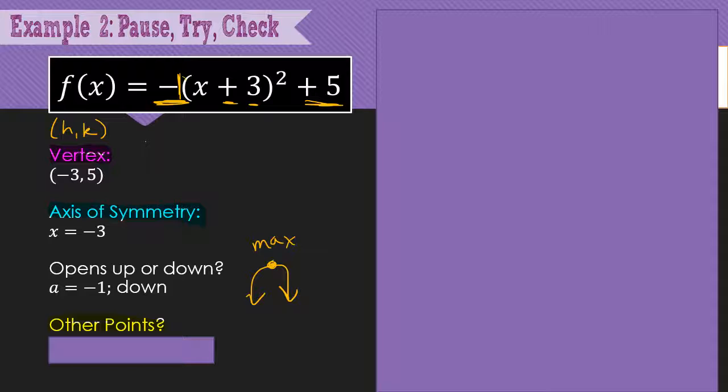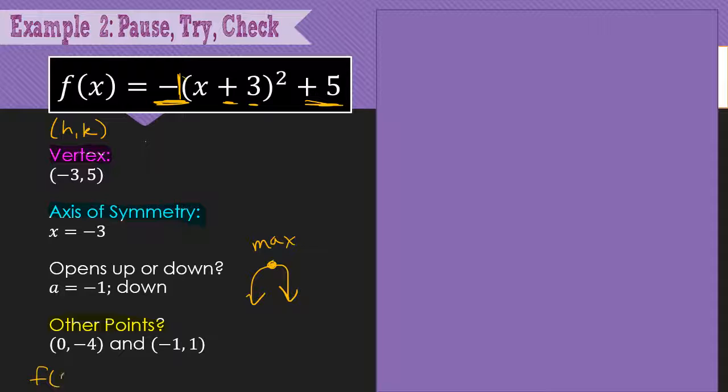Now, when I am picking my other points, last time we picked 0 and 1, but we don't want to necessarily pick 1 this time because it would be a little bit more difficult to graph. So this time I picked 0 and negative 1, and I'll show you why I went with negative 1 instead of positive 1 in a minute. I'm going to start here with the 0, because we usually use 0 just because it's easy to use.